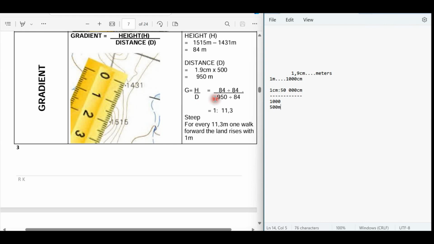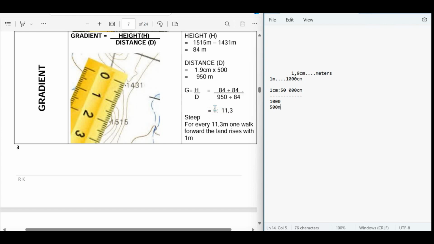Therefore, this means that the 84 that we got as the height between the two spot heights, divided by 950 meters that we got from the distance between the two spot heights, we are going to divide both by the height, which is 84. So 84 divided by 84 is going to give us 1.